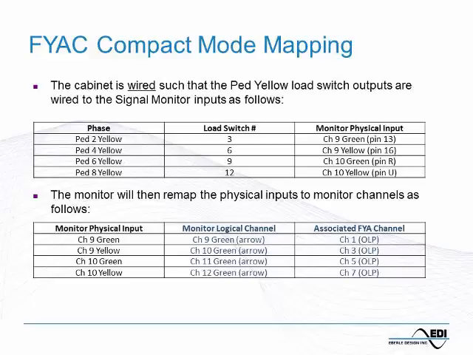So the first diode you're going to cut, which you've never cut likely in your whole career, is the diode labeled 1 and 2. So we just need to get over it. We've rearranged the convention here to suit our flashing yellow arrow assignments. So again, the permissive programming is going to be different than you've done before, but using these phase to channel assignments, that's the way we need it to be.